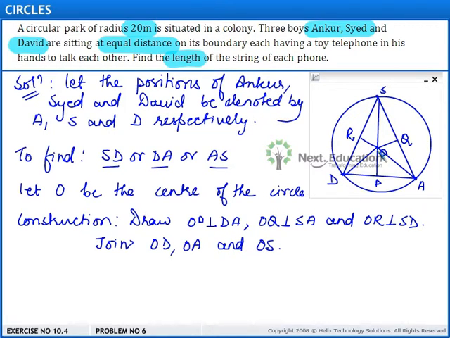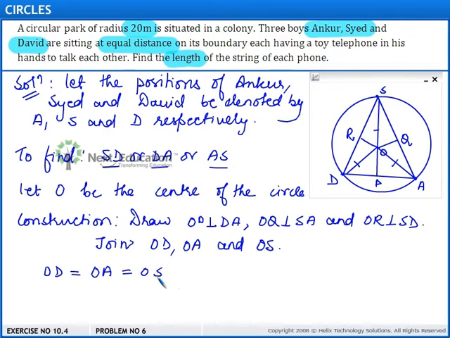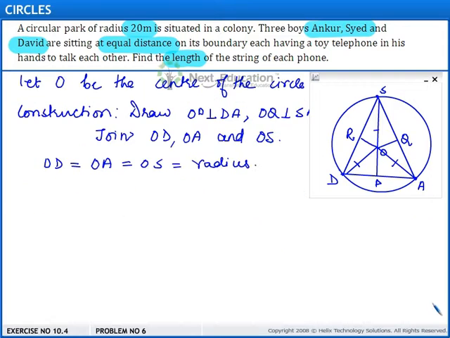Now, OD, OA and OS are the three radii of the circle. Therefore, OD is equal to OA is equal to OS is equal to the radius.